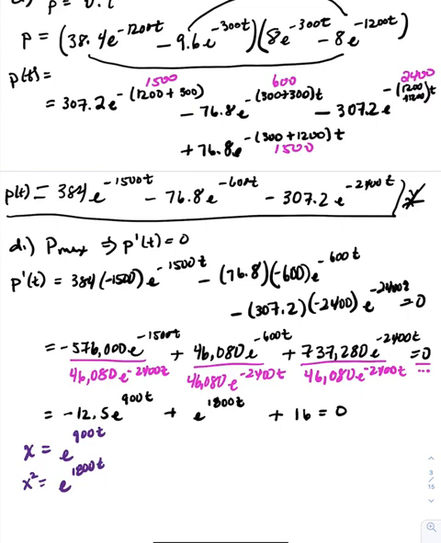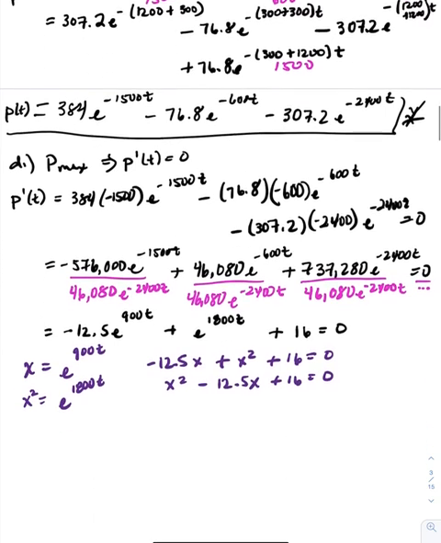So if we rewrite this, it would be minus 12.5x plus x squared plus 16 equals 0. So x squared minus 12.5x plus 16 equals 0.